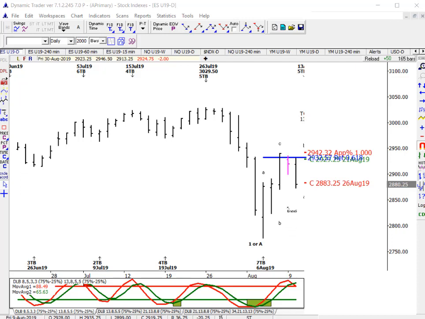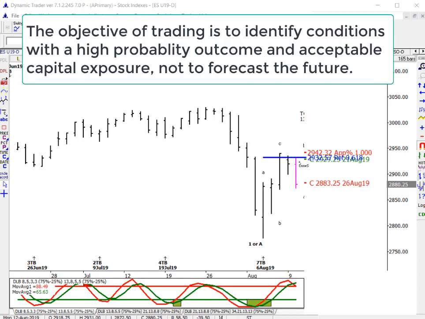But what I want to emphasize here is that this was a trade opportunity with a probability of completing a correction, or I should say in a position to have completed a correction, followed by a continuation to a new low. Now, in a position to have completed a correction doesn't mean I'm forecasting a new low.